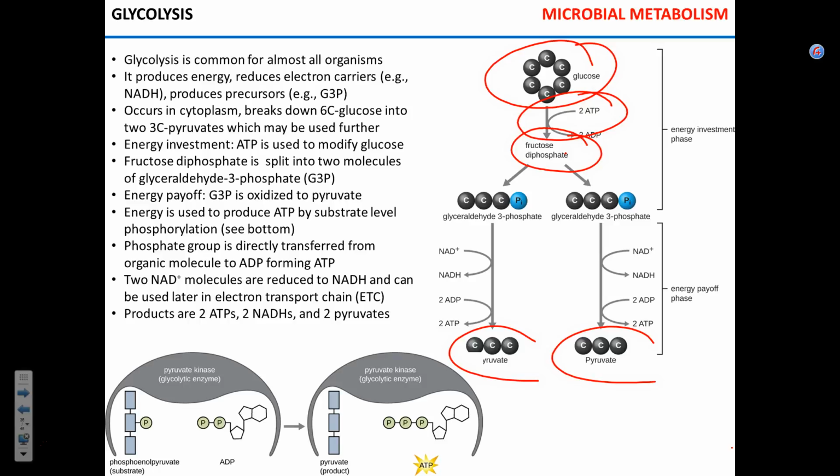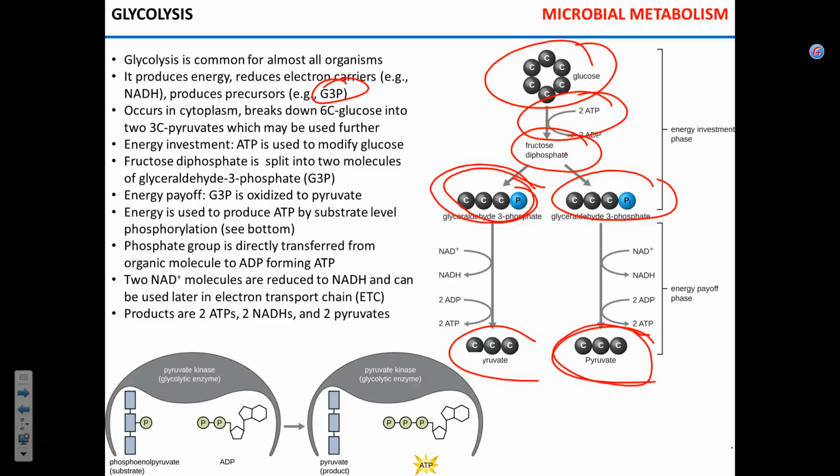Fructose diphosphate is broken into 2 3-carbon intermediates, which you see here as glyceraldehyde 3-phosphate, G3P. Does that make sense? I'm doing the overview, and then glyceraldehyde 3-phosphate is oxidized to pyruvate.